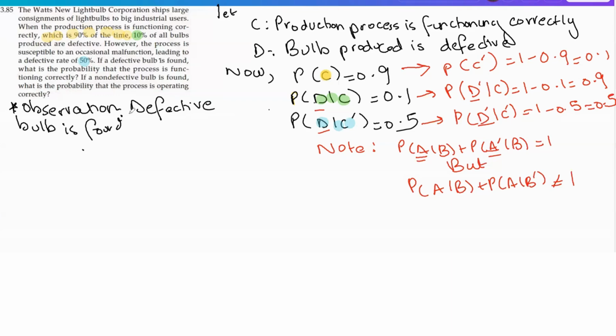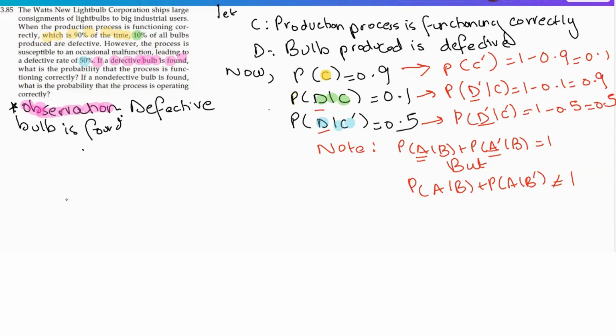Okay, we can use this. So the observation is this: if a defective bulb is found.